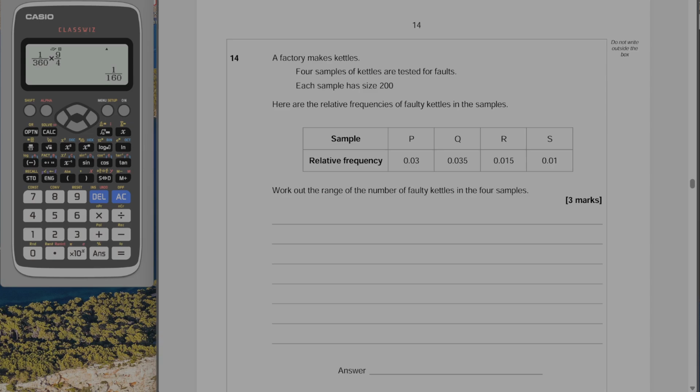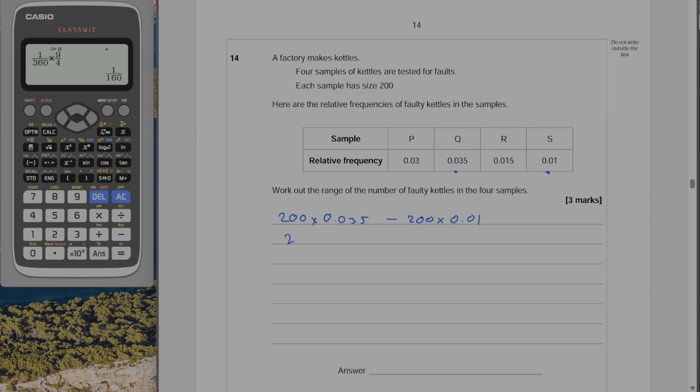So for this one, I need the range of values of faulty kettles. So I don't need a lot of this. I need the smallest value here. The smallest value here is this one, and then the largest value here is this one. Each sample has a size of 200. So in effect, I want the largest take away the smallest, which would be 200 times 0.035 minus the smallest one, which would be 200 times 0.01.